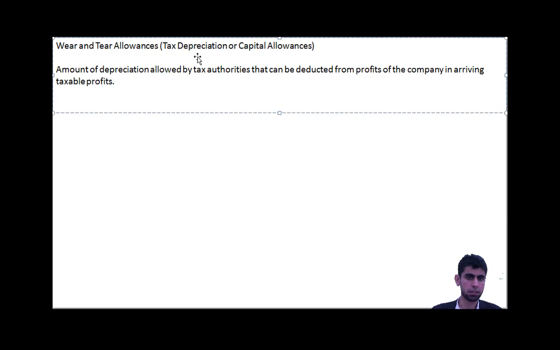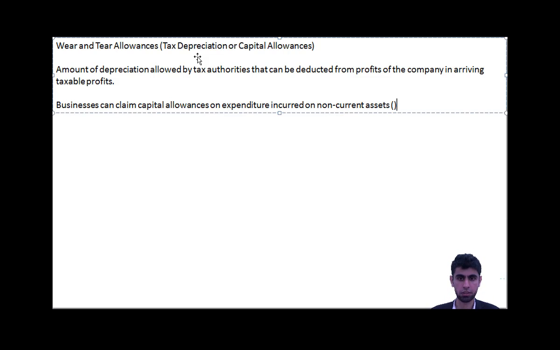Now we know that accounting depreciation is charged when businesses purchase non-current assets. So similarly, tax depreciation is also available on the purchase of non-current assets. So businesses can claim capital allowances on expenditure incurred on non-current assets.